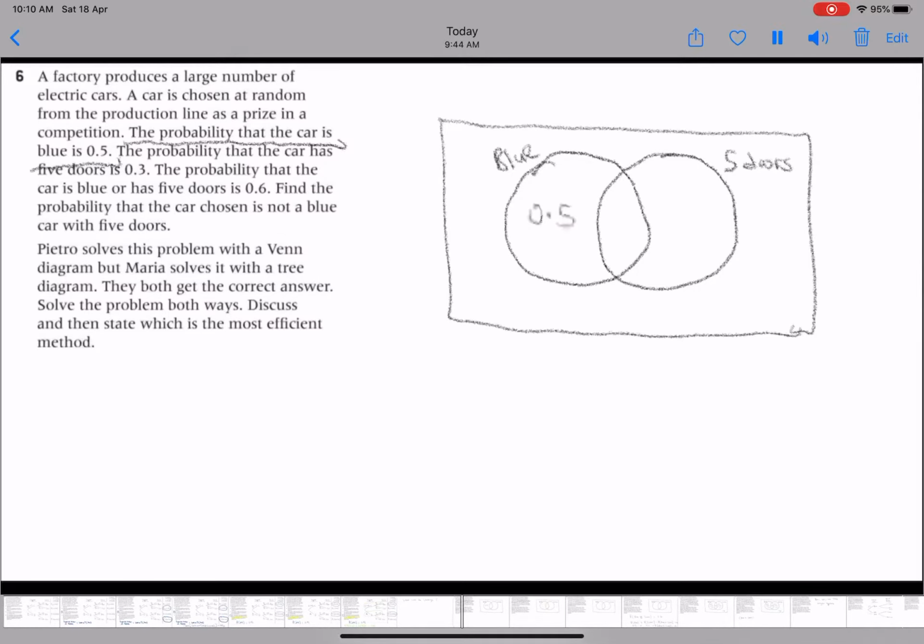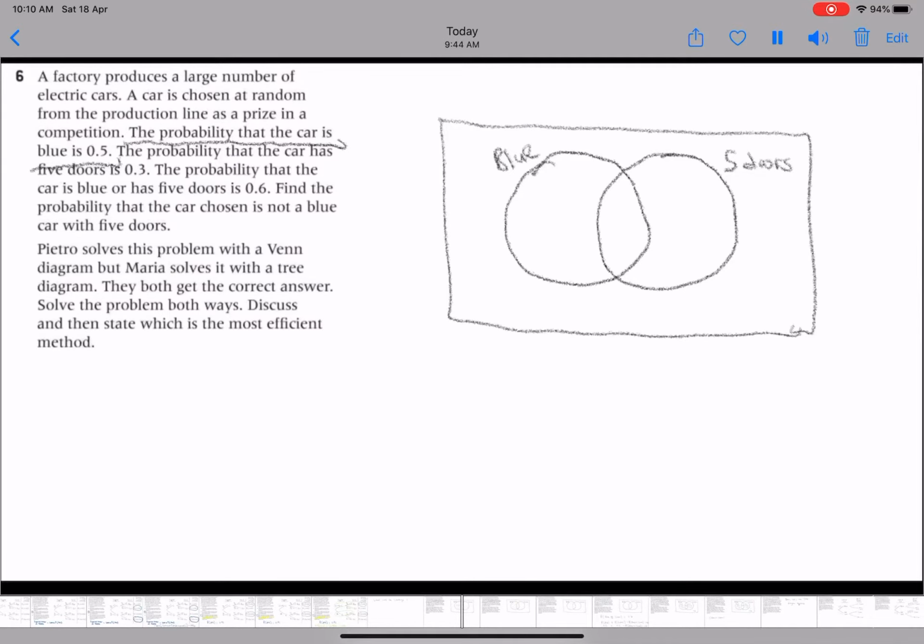Now think. There is a keyword in a probability question that we have to always look out for. And that keyword is only. This region is only for blue only. But the question says blue. So, it is not here.